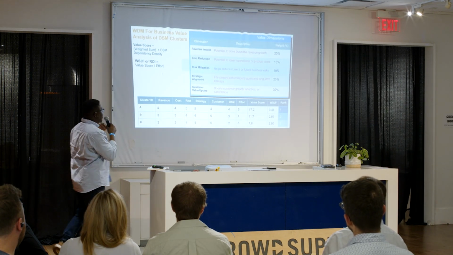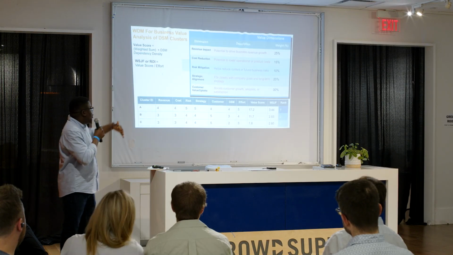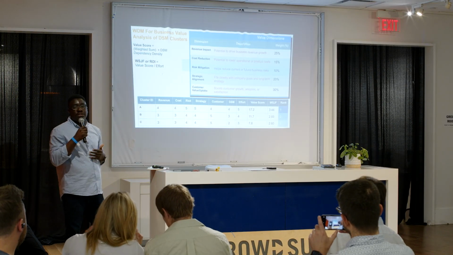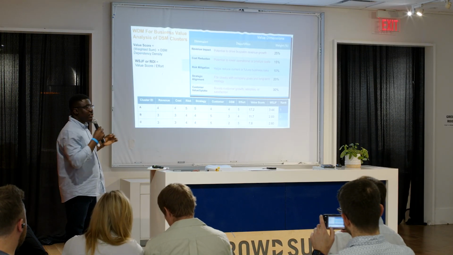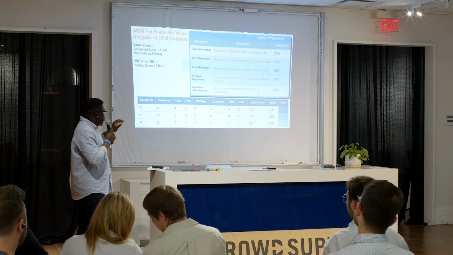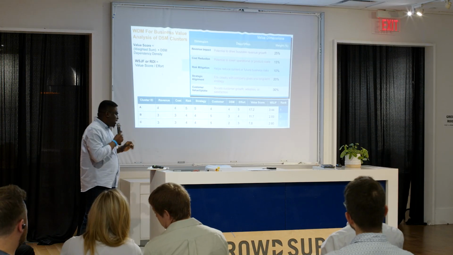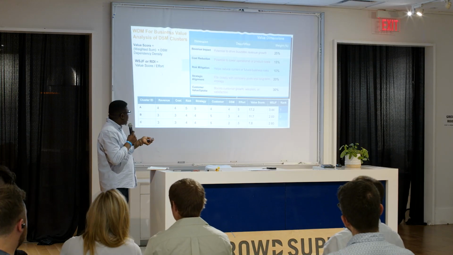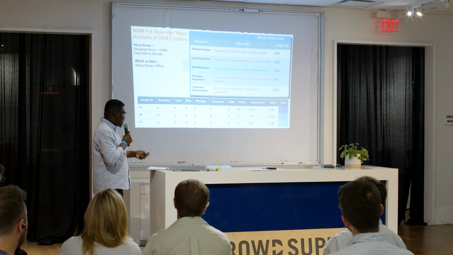Then, based on all of these dimensions, you score each of your clusters and say, okay, this takes this value, this takes this value. Now, one value that might be tricky there is the DSM element.